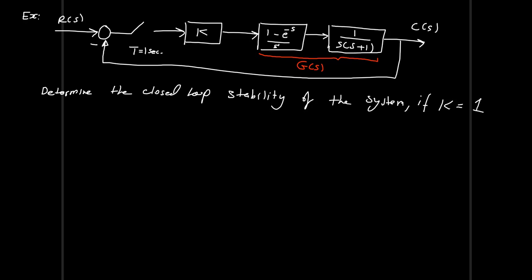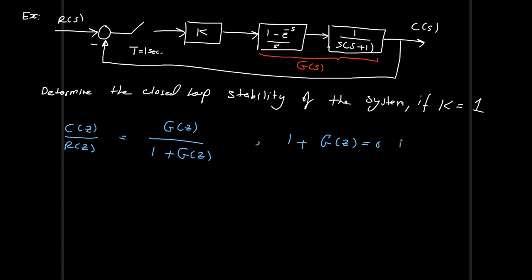The first thing, we need to find the closed loop pulse transfer function, and we know that C of z over R of z will equal, with K equal to 1, G of z over 1 plus G of z, and 1 plus G of z equal to 0 is the characteristic equation. So we need to find this equation, which is the characteristic equation.